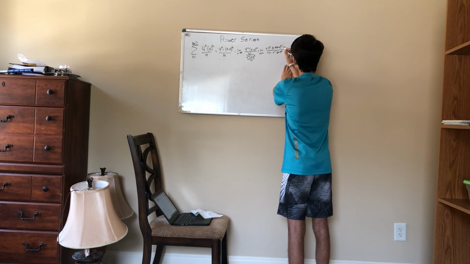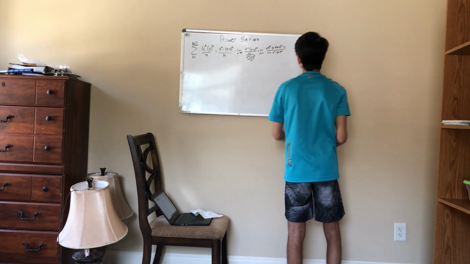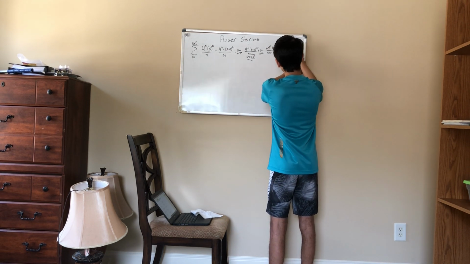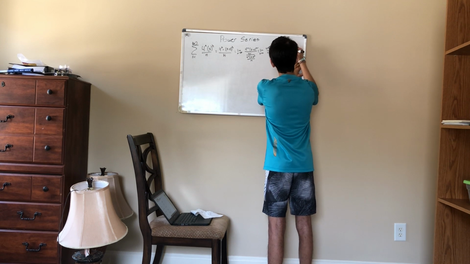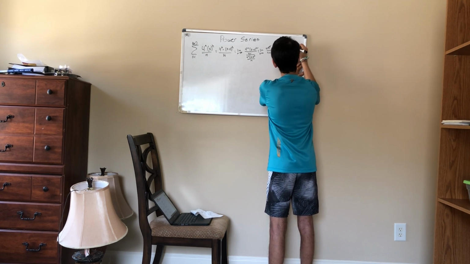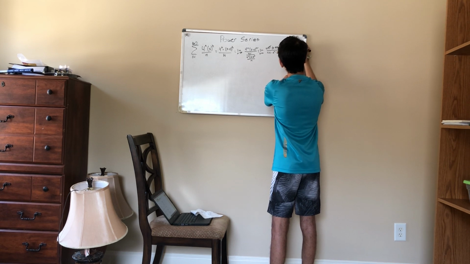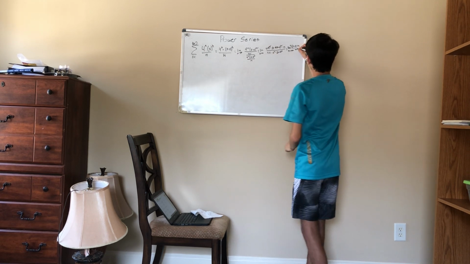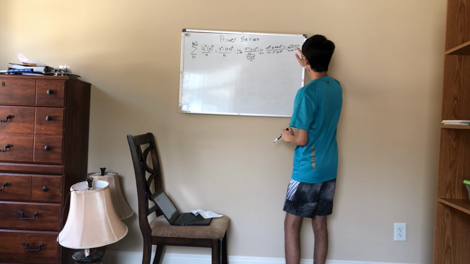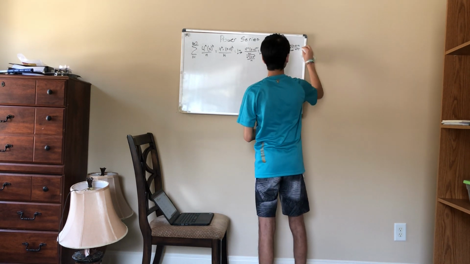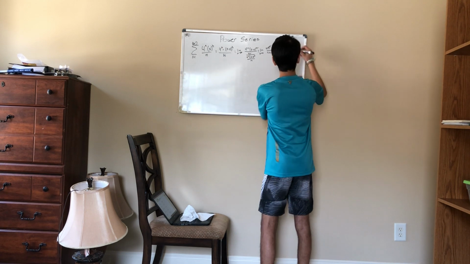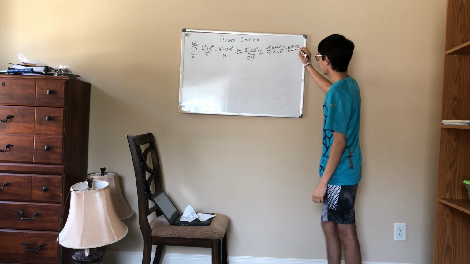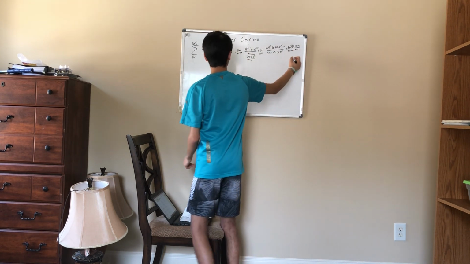You can cross out everything. So now what you're remaining with is times x minus 0 times n over n plus 1, and it's the limit as n approaches infinity.